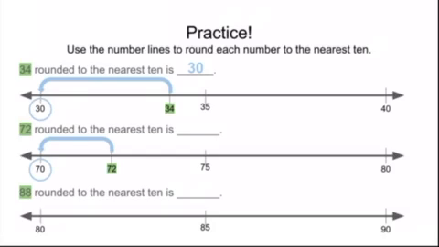Last, we have 88. 88 is more than 80. It's also more than 85 and less than 90. So it's going to go on this right side of the number line. You can see it's closer to 90 than it is to 80. So 88 is going to round to 90.